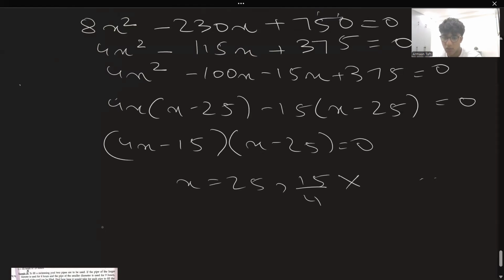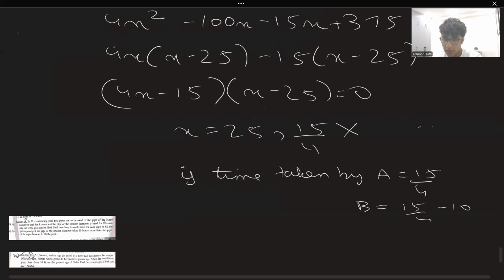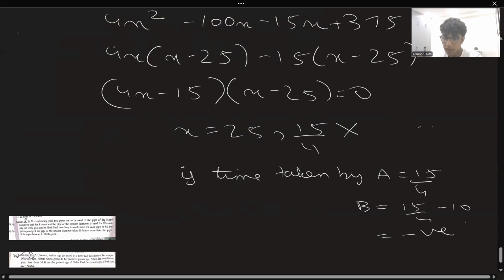So let me just write it down formally and show you what I mean. Let's say the time taken by A equals 15 over 4, then the time taken by B will be equal to 15 by 4 minus 10, which is a negative number, and time cannot be negative.